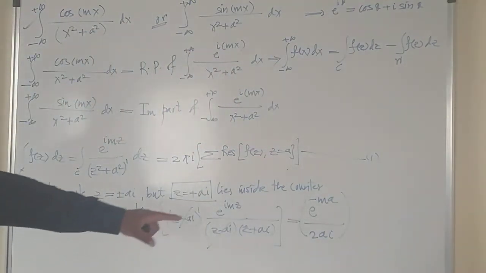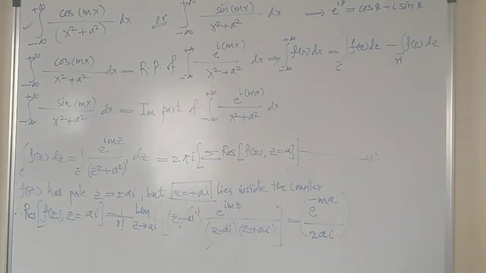Now put this residue into this equation number 1, that will give you the solution of this integral of f of z over the contour c dz, which is equal to 2 pi i into summation of residue.